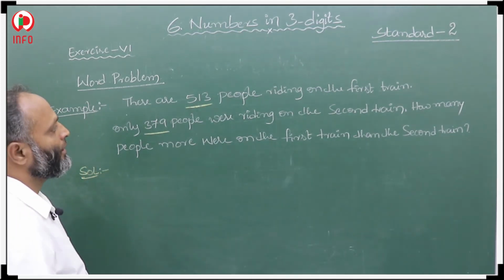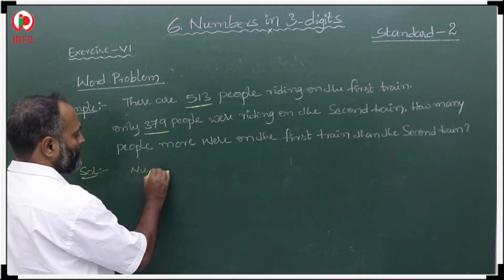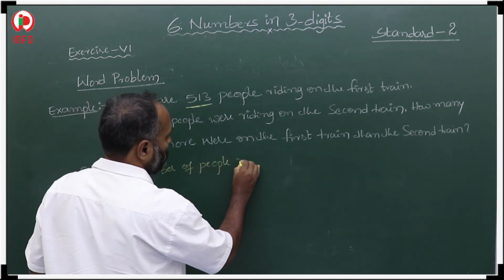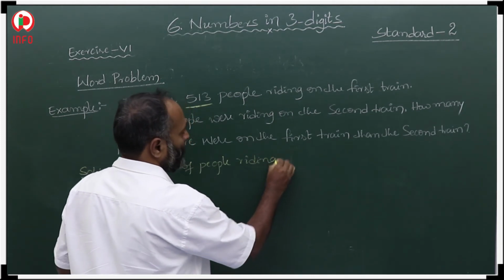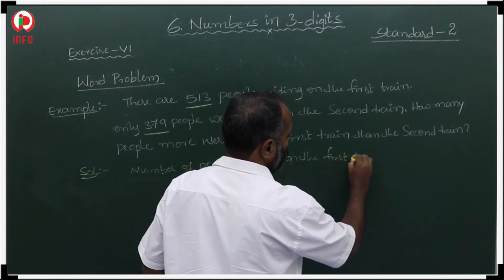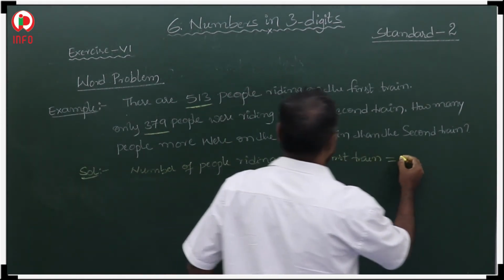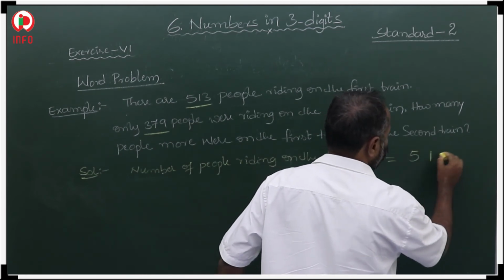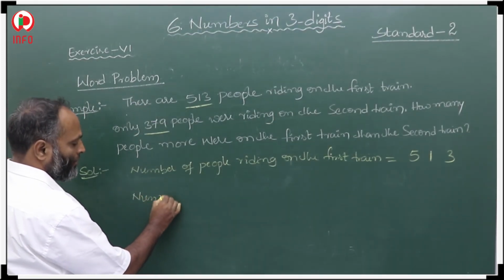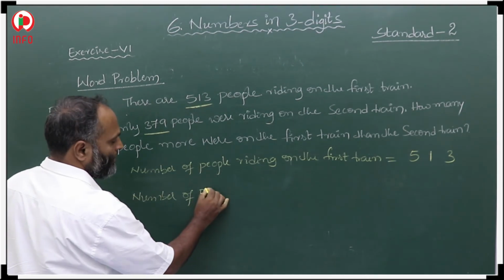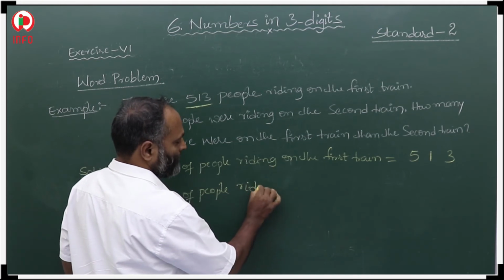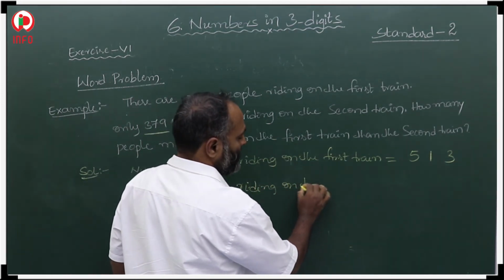Number of people riding on the first train. How many people? 513 people. Next, number of people riding on the second train.